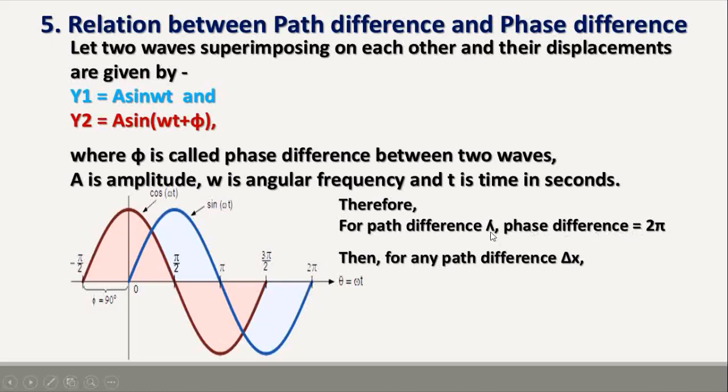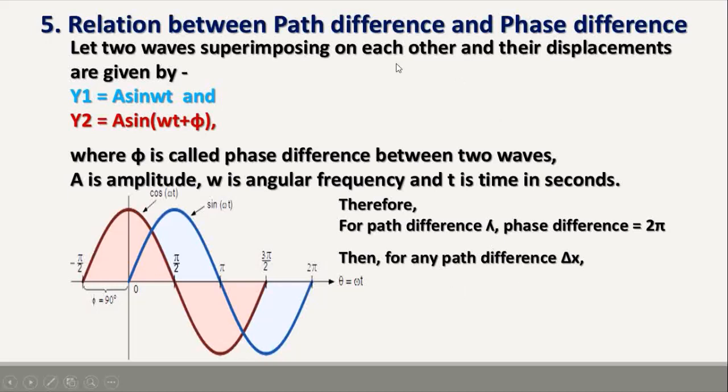For example, if I take lambda, the phase difference is 2 pi. If I take lambda by 2, the phase difference will be only pi. In this way, I must have one generalized formula so that I can convert path difference into phase difference or phase difference into path difference.